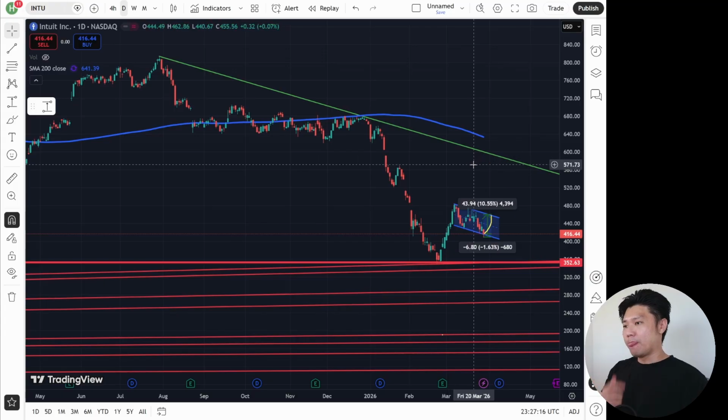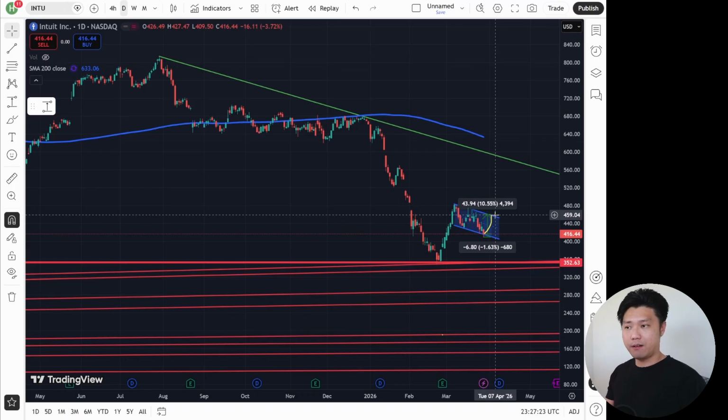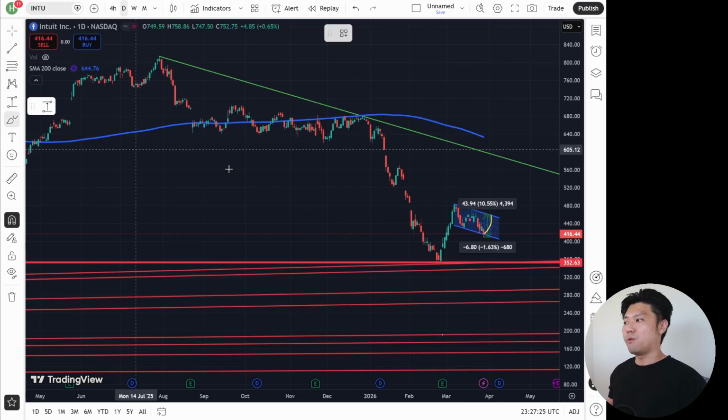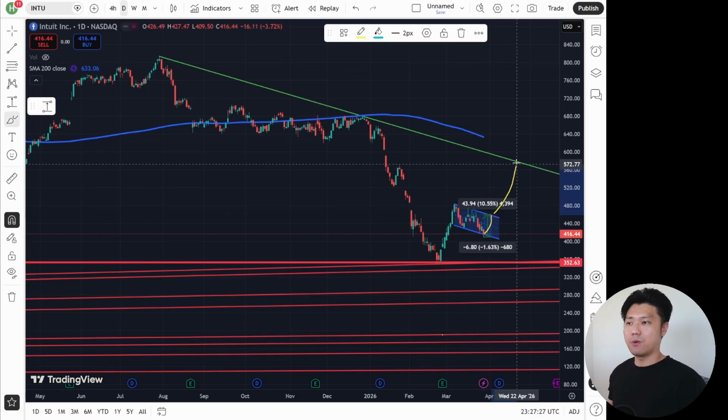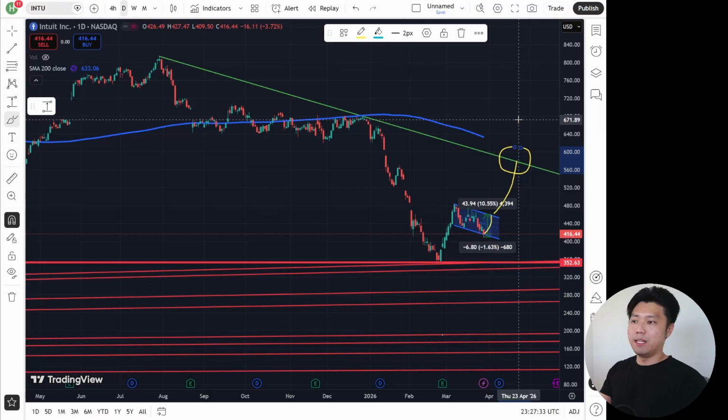In the short term, it is likely going to tag the upper side of the parallel channel, and eventually it is going to break through and tag this downsloping parallel channel. So that is the medium term.